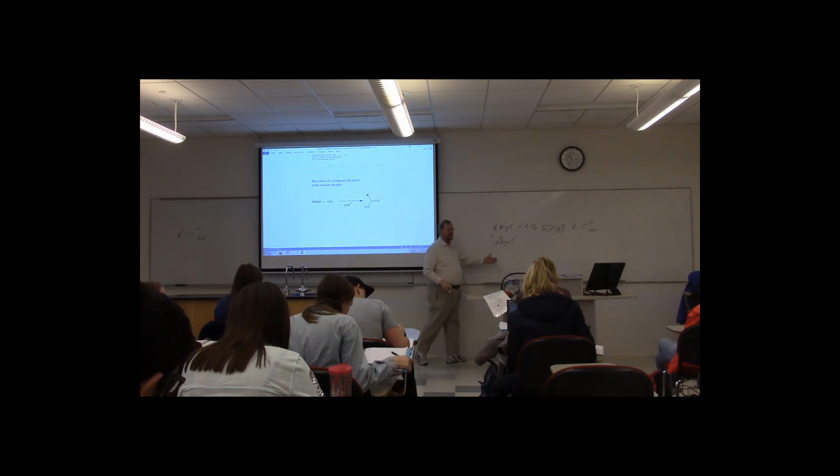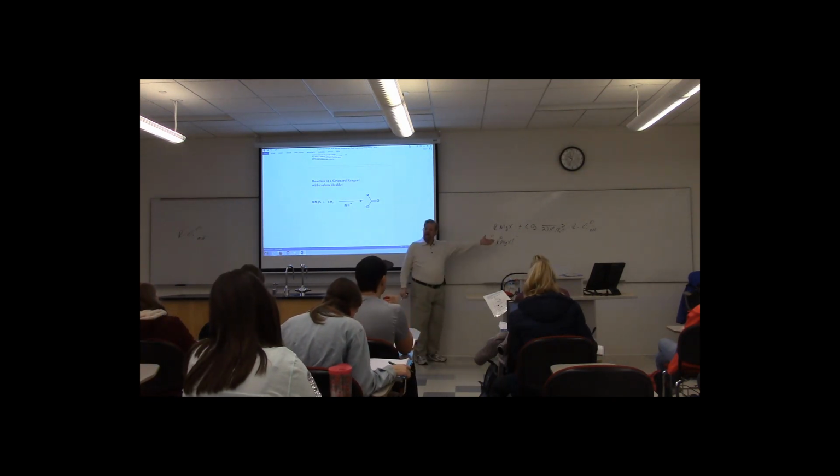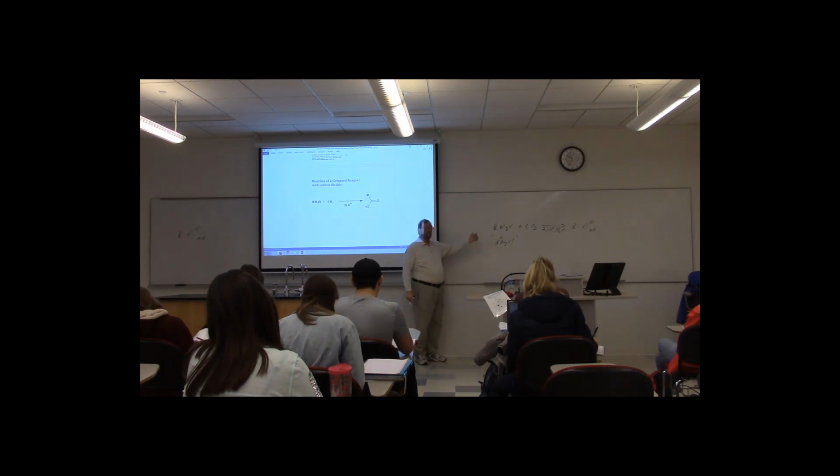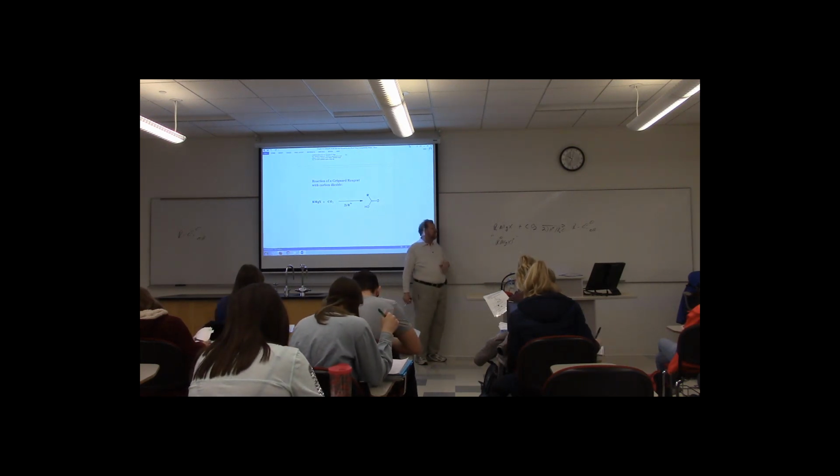Think of a Grignard like, and I use the quotes, R minus MgX plus. A carbon with negative charge is not happy. It's a nucleophile. It's looking for something with a positive charge.